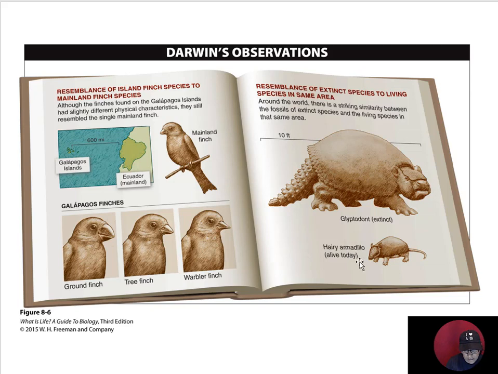So here we have the hairy armadillo, which is alive today, and then we have this Glyptodont, which is like 10 feet in length, that is extinct, but very much resembles the very small but currently alive hairy armadillo. And so that's where it all began, making these observations.